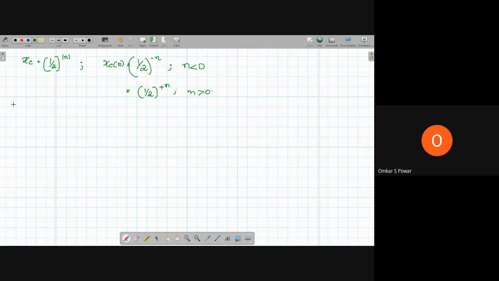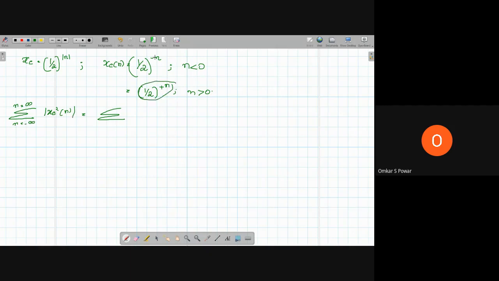Now, summation, what do we need? Power in the even component. n is equal to minus infinity to infinity x e square of n is equal to, we will expand it, from minus infinity to minus 1, then from 0 to infinity, because we know the value from 0 to infinity.